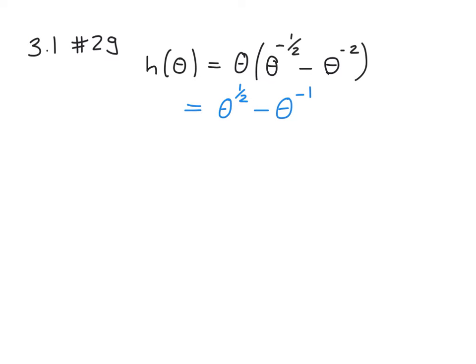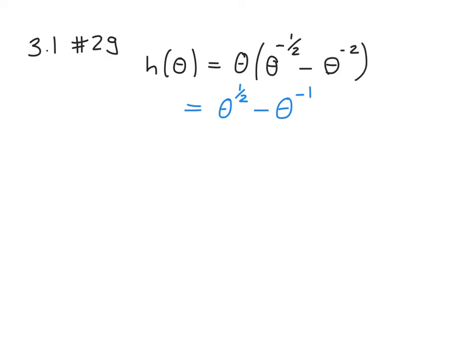Because theta is the same as theta to the 1. So then we have 1 minus 1/2, it's 1/2, and then 1 minus 2 is minus 1 here. And this is a function we can easily differentiate now using the difference rule and the power rule, right?